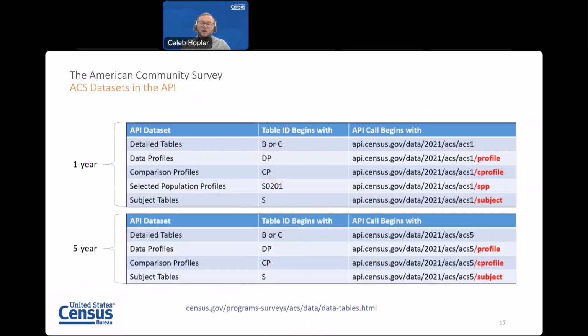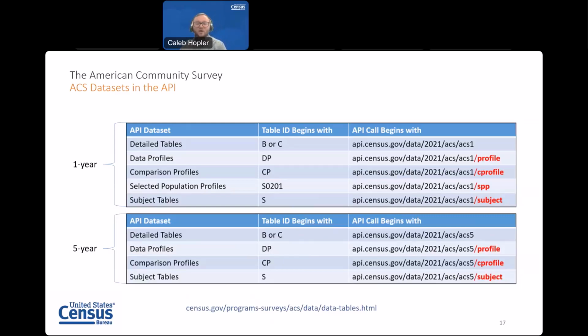The base URL is different depending on the table or profile type. So before adding variables and geographies, the base URL consists of the year, ACS dataset, and either ACS1 for 1 year, ACS SE for supplemental estimates, or ACS5 for the 5-year estimates before adding the table or profile type.